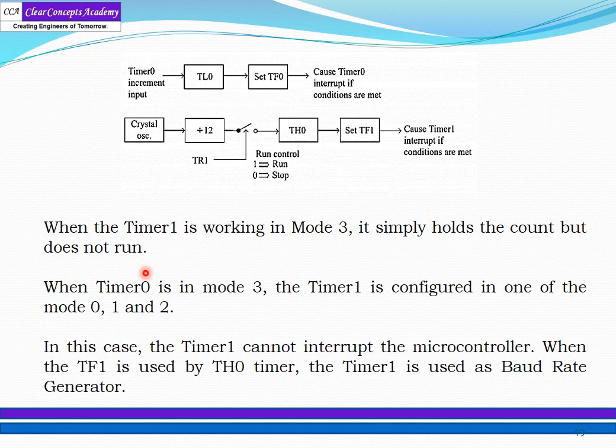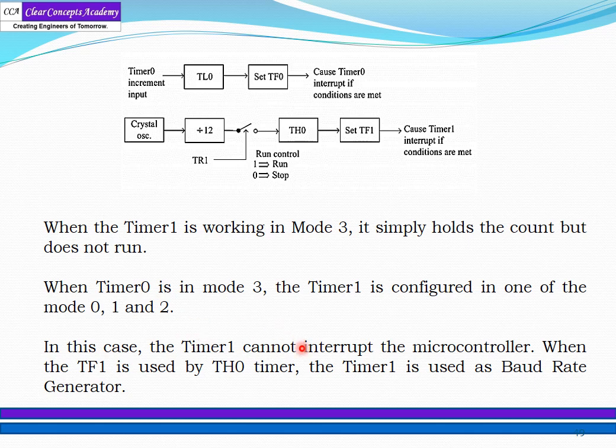When TF1 is used by the TH0 timer, timer 1 is used as a baud rate generator, because TH0, the high byte of timer 0, is using the timer 1 overflow flag to show the overflow.